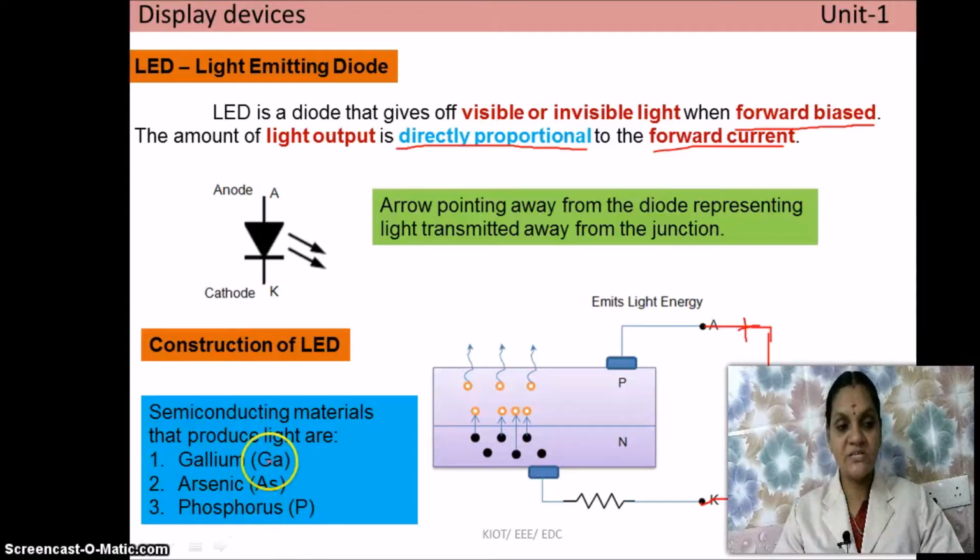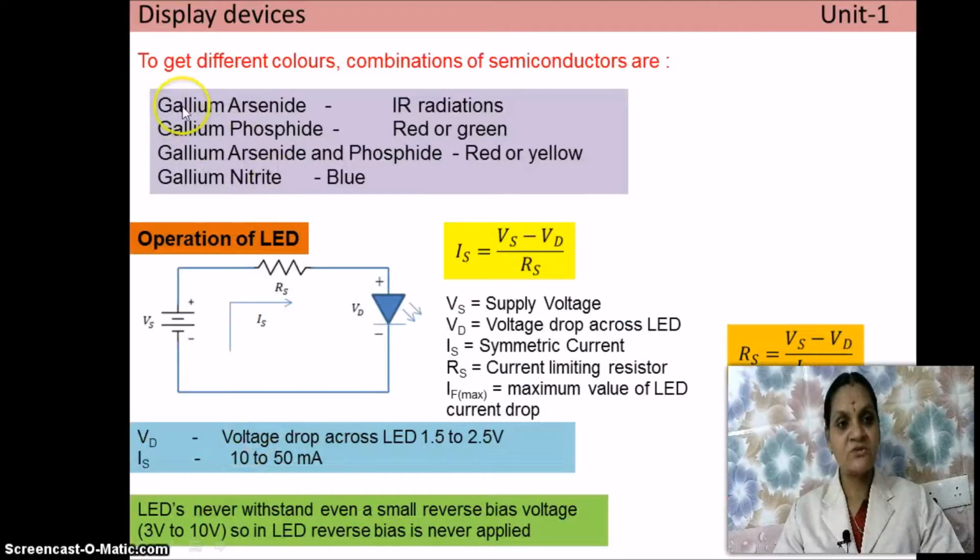So how these combinations give different colors, we will see. When we choose the gallium and arsenide combination, it emits IR radiation, which is invisible radiation. And second, if we choose gallium and phosphide, it emits either red or green color.